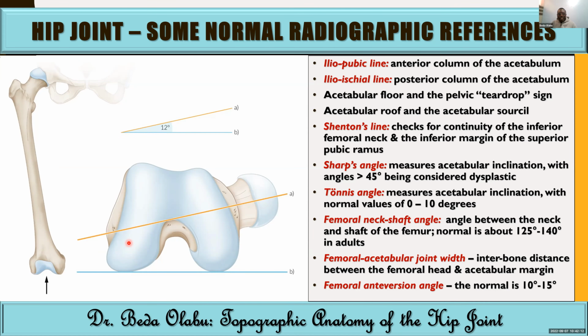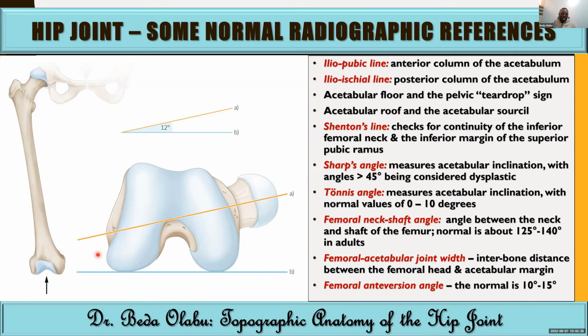The femur is torted anteriorly, a slight rotation, which makes the head tilt anteriorly with respect to the plane of the condyles. So the angle of femoral torsion is the same as the angle of femoral anteversion. Normal is about 10 to 15 degrees.